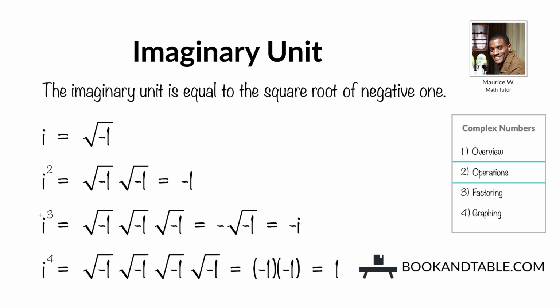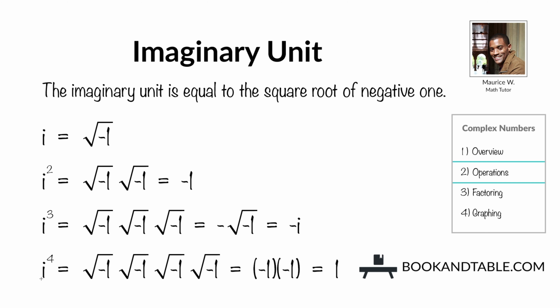So I cubed is equal to the square root of negative 1 times the square root of negative 1, which would be equal to negative 1 times the square root of negative 1. And this would be equal to negative I. So I cubed is equal to negative I.